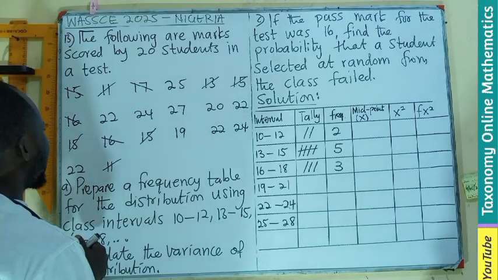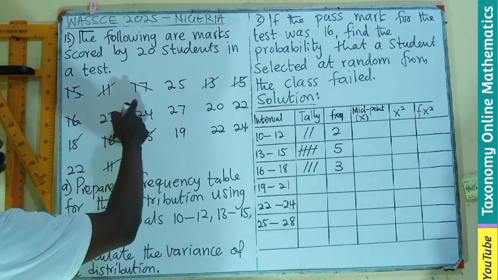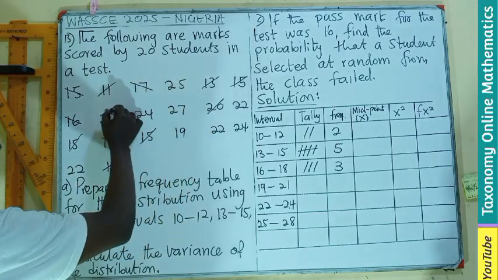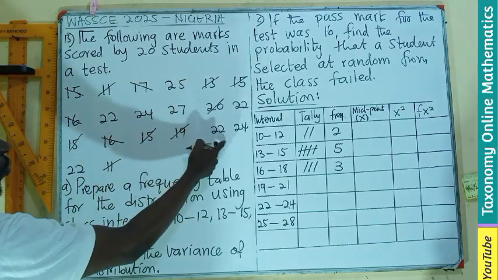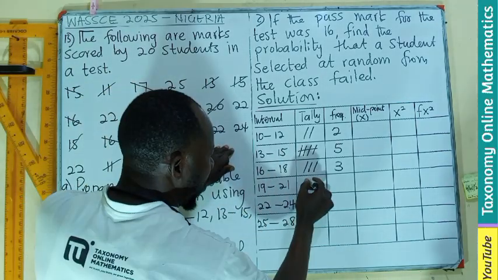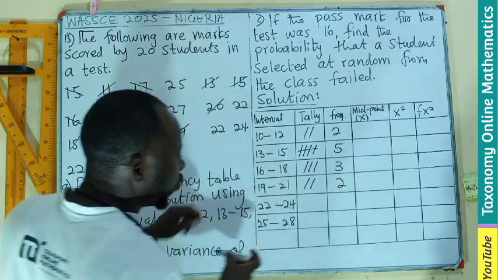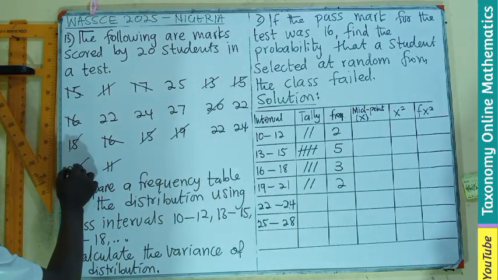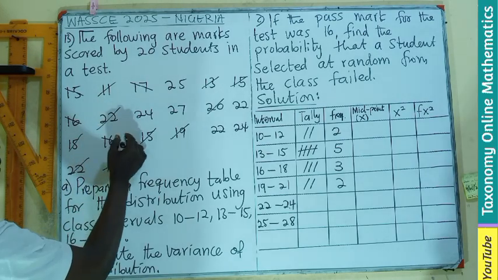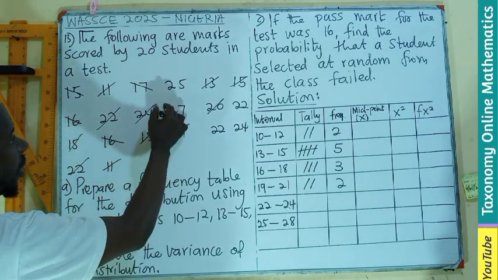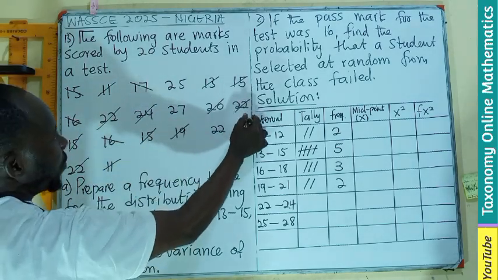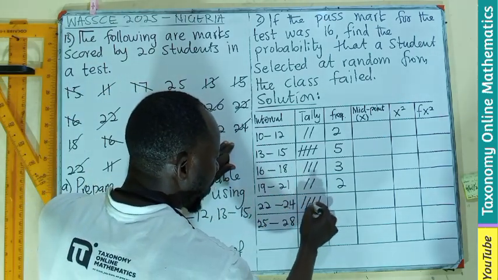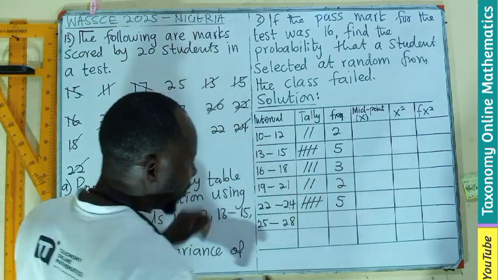For 19 to 21, we have 1, 2. I think that is all, so the frequency is 2. For 22 to 24, we have 1, 2, 3, 4, 5, so we have our 5.